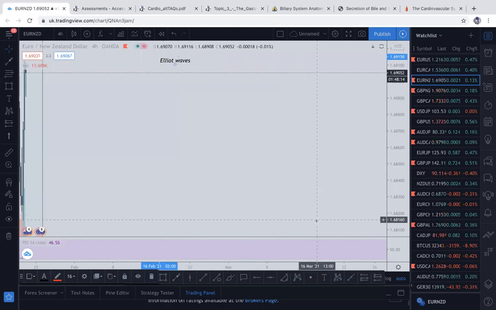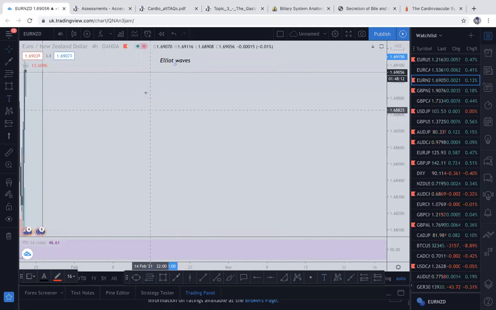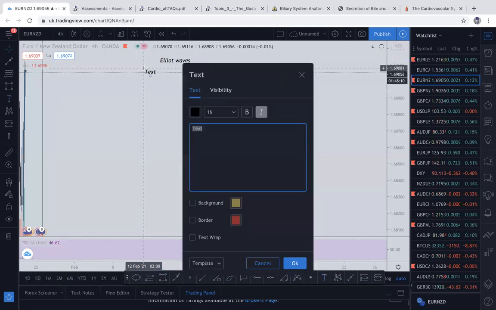And I have spoken about the two types of waves that are involved in Elliott wave. I talked about the Elliott impulsive wave and then the Elliott corrective wave.